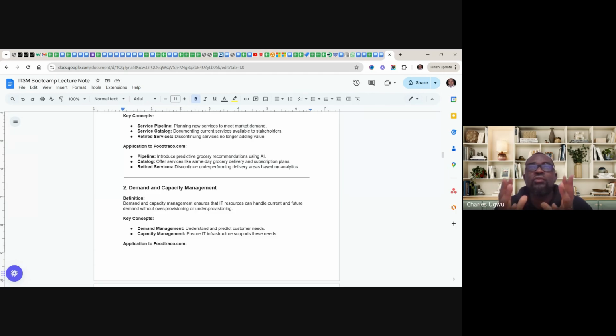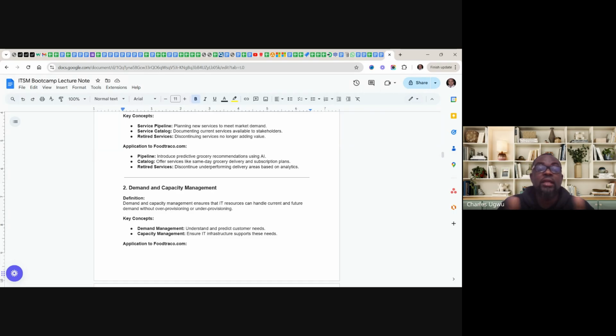Meaning that if you select a current IT infrastructure, you are looking for an IT infrastructure that can run as the business grows. If you select an IT infrastructure that you are going to change when the business grows, it's not good for business.